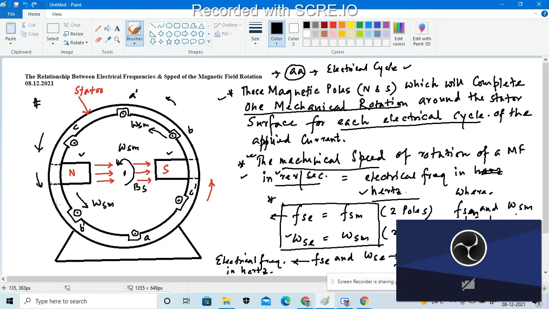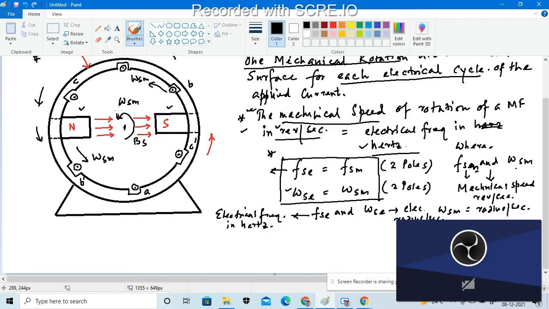So this is my clockwise rotation, and it should be the counterclockwise rotation. As it is a counterclockwise rotation for the two pole machine, it will be like this.